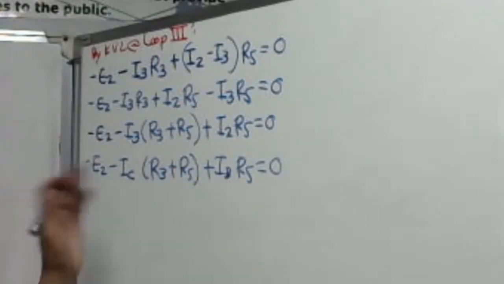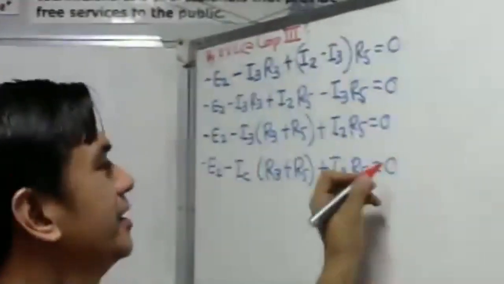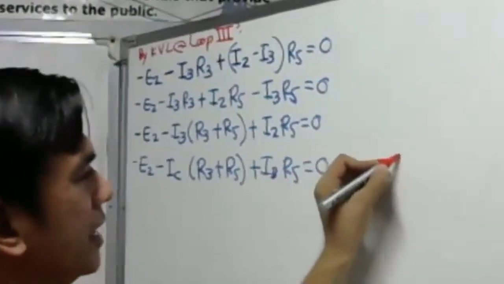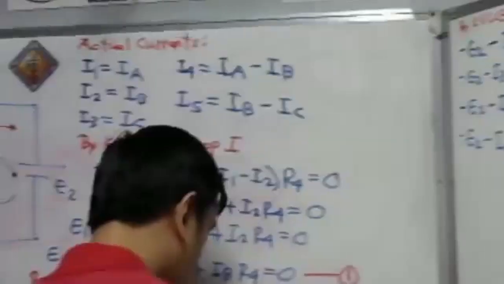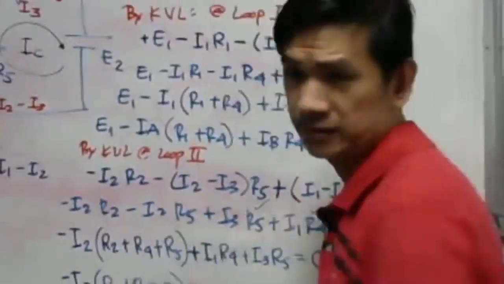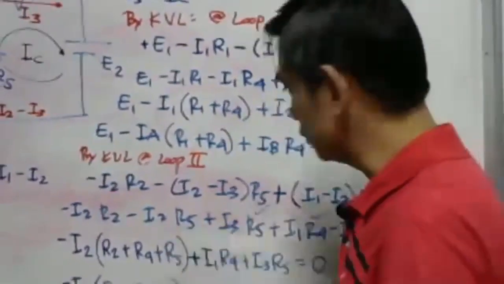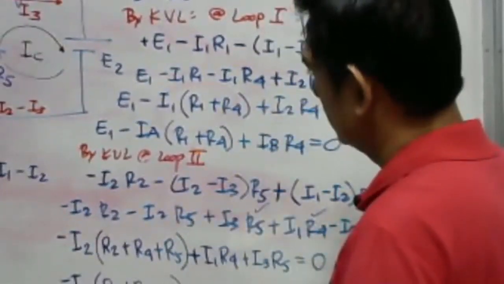Okay. As we take a look here, actually what we did is we derived, no? We derived the formula or the equation. What can we say about our equation 1, 2, and 3? We can have a conclusion here. What is the conclusion? Okay.